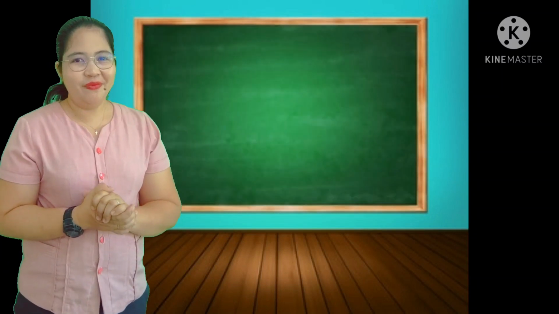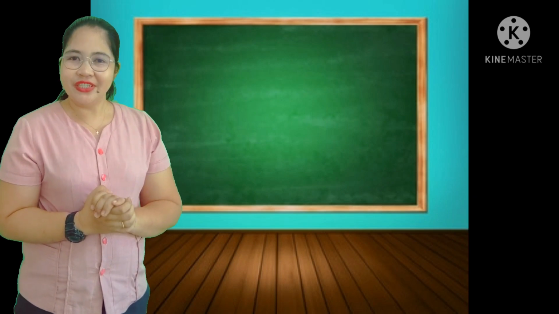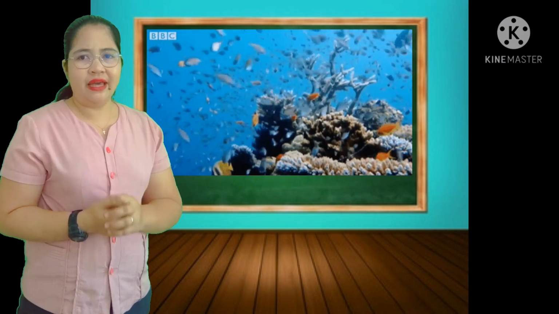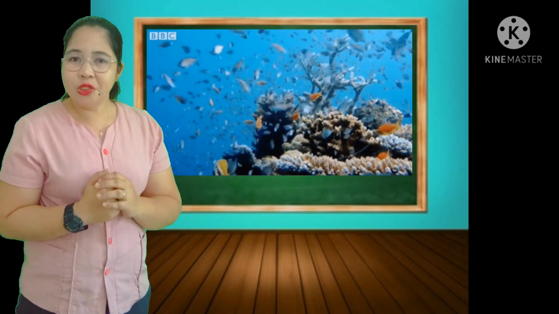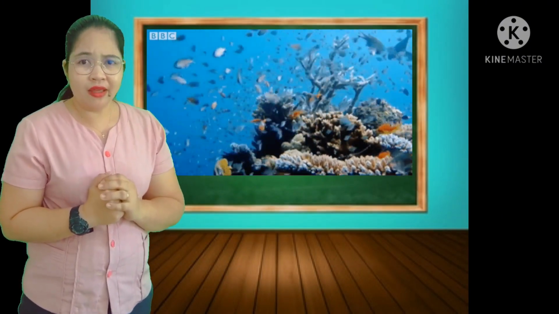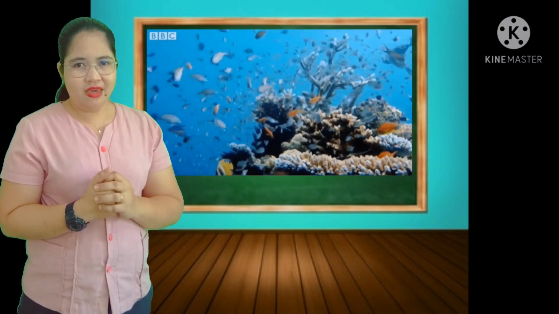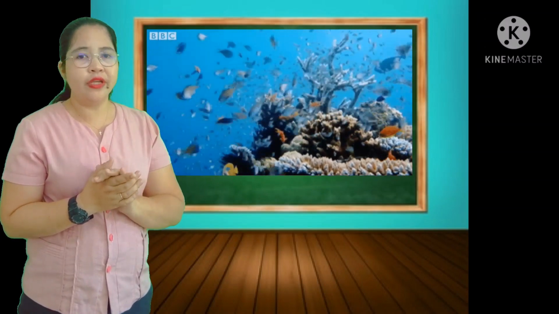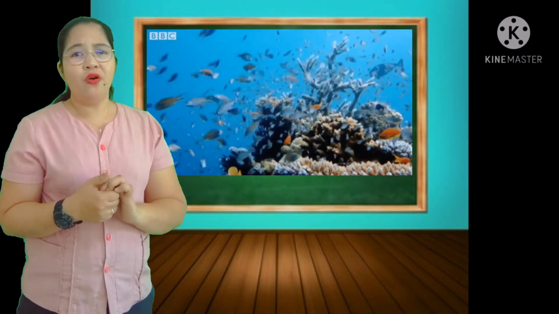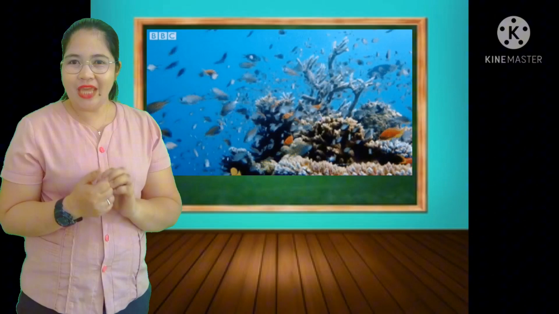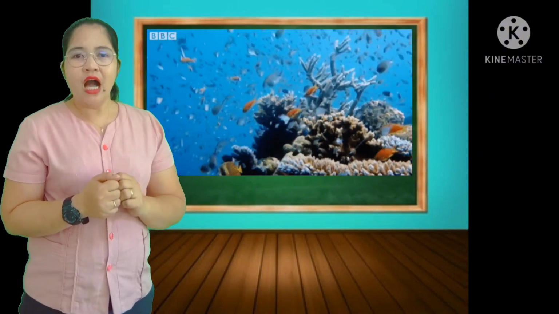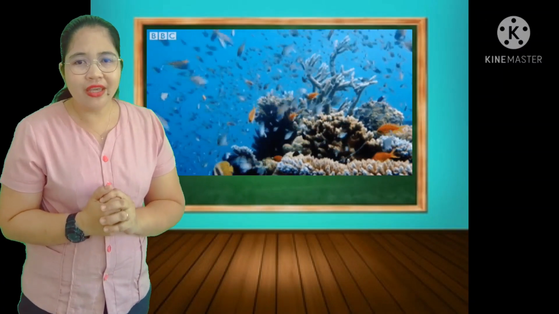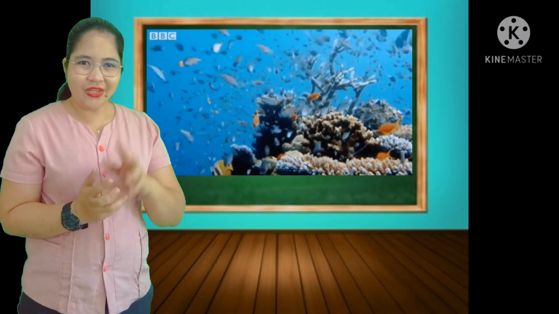You learned in the previous lessons that intertidal zone and estuaries are home to different kinds of living things. These places are meant to be protected by us human beings. Thus, we should protect and conserve our environment now before it's too late. So today, we are going to study how to protect and conserve our intertidal zone and estuaries. Are you ready?